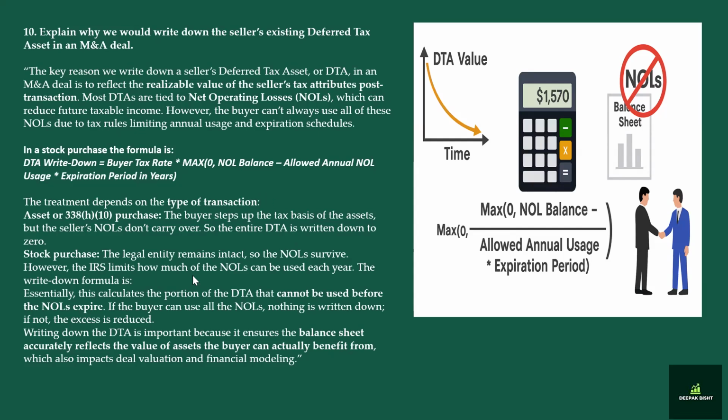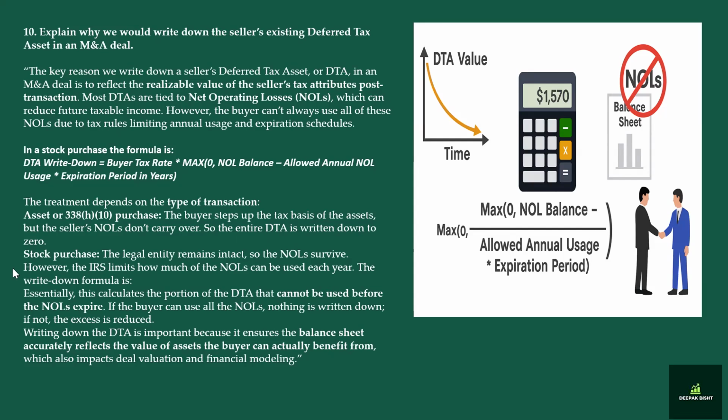let's discuss the conceptual rationale. So why does it matter? Writing down the DTA ensures that the acquirer's post-deal balance sheet only reflects assets with real economic value. And from the perspective of goodwill, goodwill properly captures the cost of assets that cannot be recognized separately.